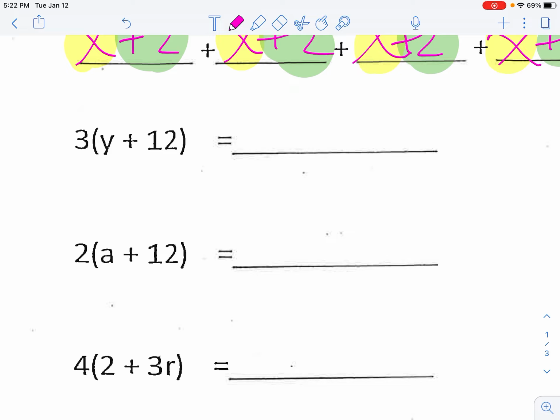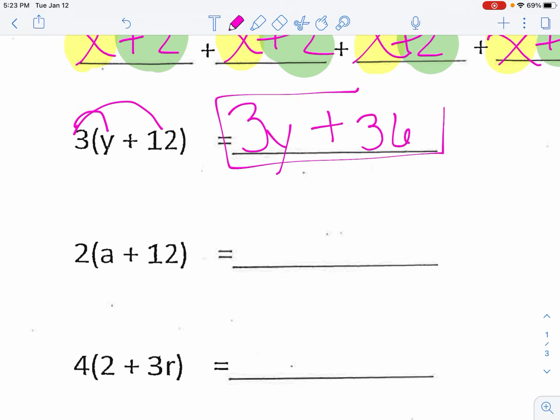This next problem is read 3 times y plus 12. So we're going to multiply 3 times y. When you multiply a number times a variable, you simply put the 2 side by side. And then we're going to multiply 3 times 12, so that would be plus 36. So that answer is 3y plus 36.